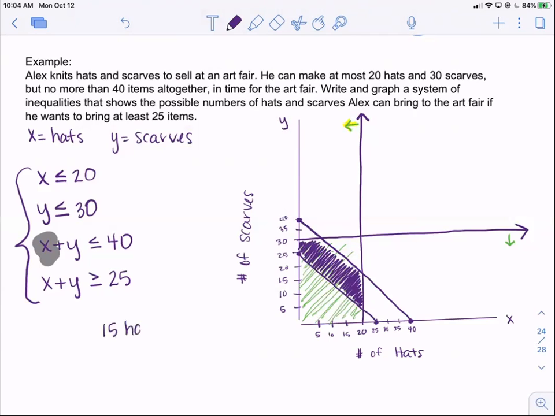So 15 hats, 25 scarves. What if I said 10 hats? What would be an option of the number of scarves? So if you go up to 10, something in here could be, how about 22? Doesn't have to be a nice number.